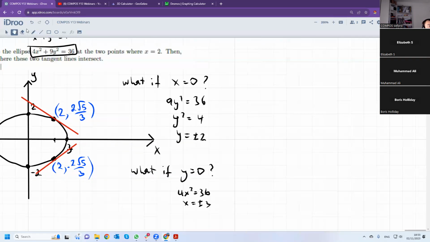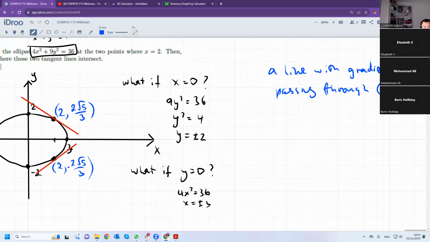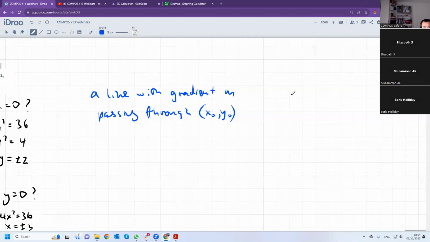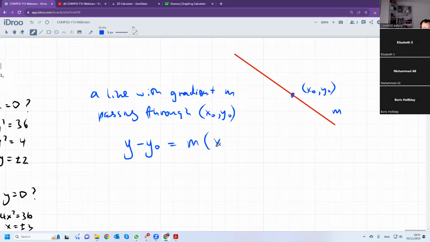Well, if you have a point at x0, y0, and a line passing through it, and the gradient of that line is m, then the equation of that line is y minus y0 equals m multiplied by x minus x0.